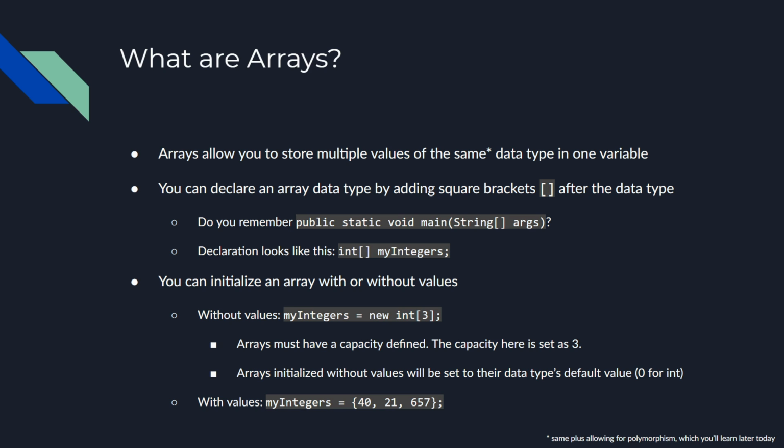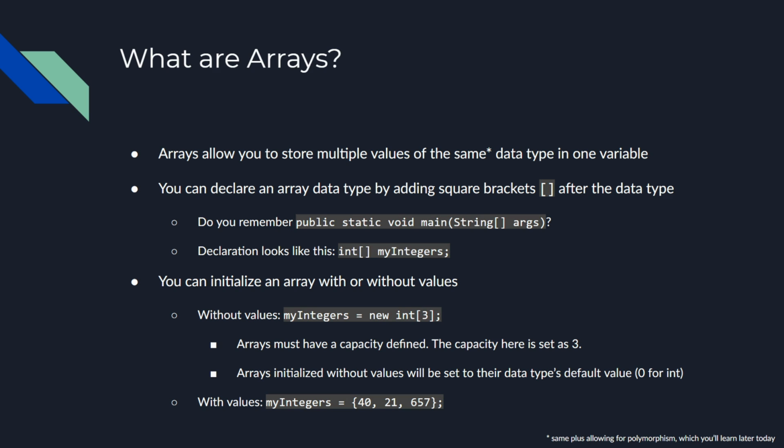So like any variable in Java, you must declare the data type, like int or boolean or char, however you prefer to say it. Arrays are the same. They only store one type of data.